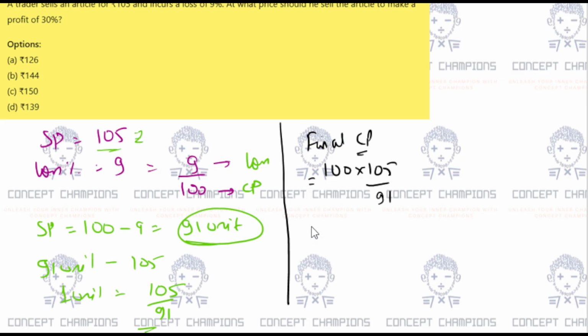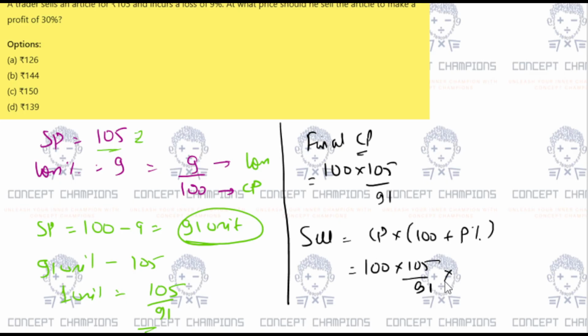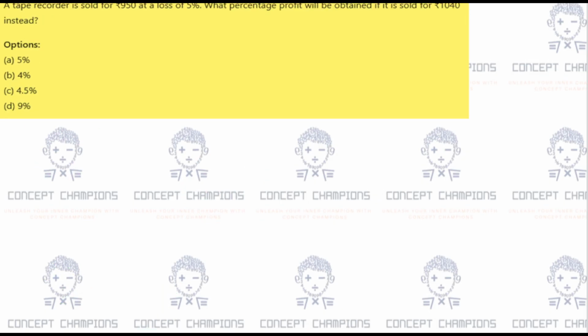This is my CP, so to find the selling price, can I say cost price into 100 plus profit percentage? So this becomes 100 into 105 by 91 into 130 upon 100. The 100 and 100 will cancel. 13 times 7 is 91, and 7 times 15 is 105. So the final answer is 150 rupees. Yes friends, any doubt? Okay, let's solve the next question.